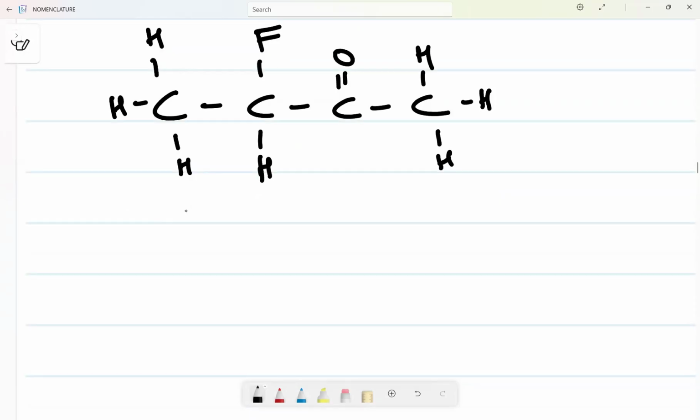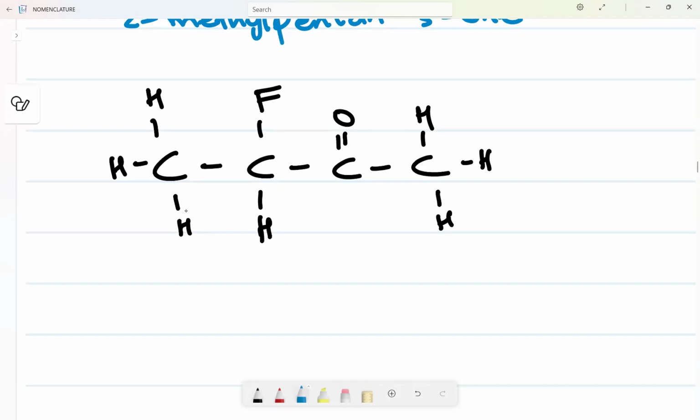Now let's be in a position of naming this one. How do I name? I name starting from where my functional group, double bond O, has the smallest number, which is this side. Can you see? If I started from that side, it was going to be 1, 2, 3. So already it is big. So yeah, I just remove this. So it means I made the right choice.